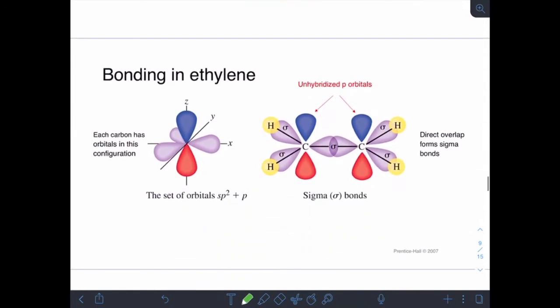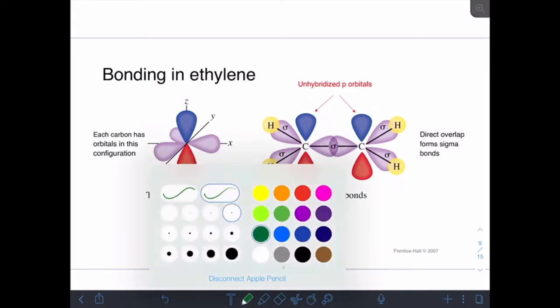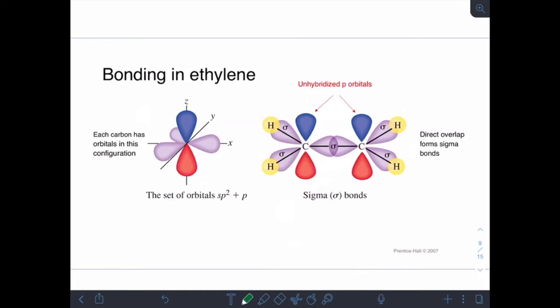All right, now let's talk about how those unhybridized p orbitals come into play. So ethylene has a basic Lewis structure that looks like this. We played with this one a little bit higher in the slides.